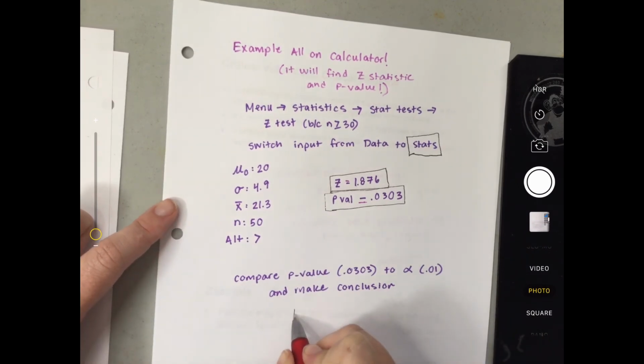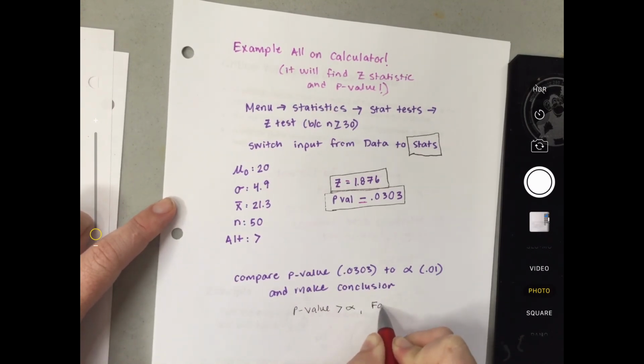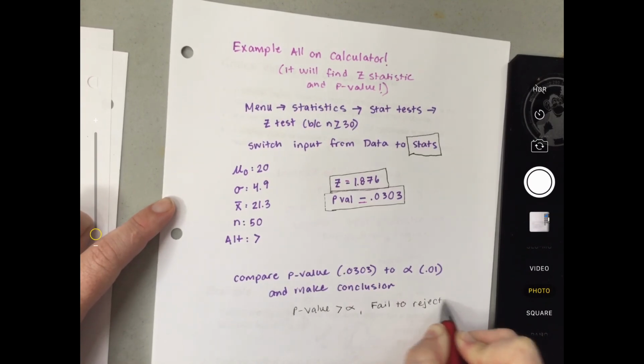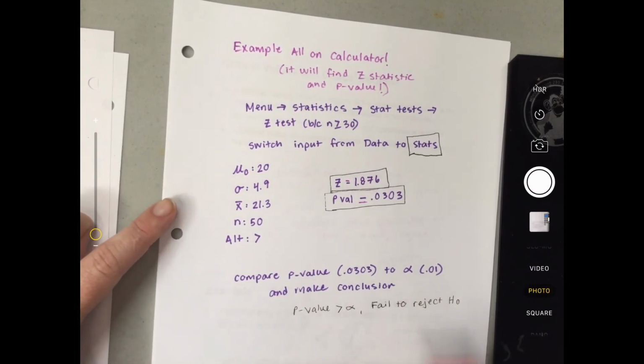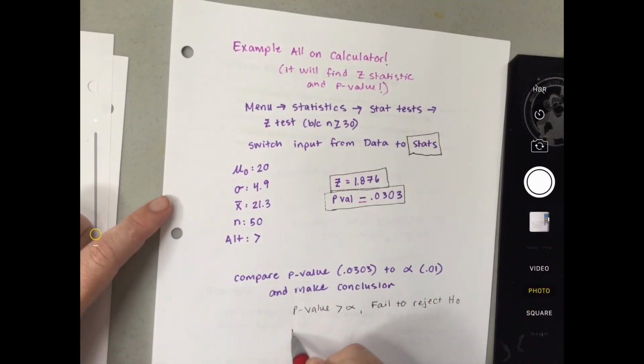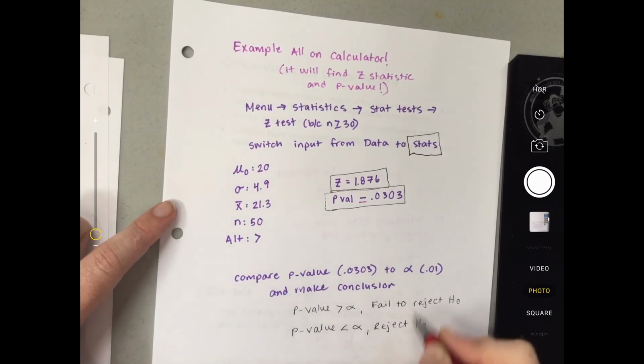Again, remember when the p-value is greater than alpha, you fail to reject the null. That is what we were doing here. If your p-value happened to be smaller than alpha, you reject the null. Those are your only two options.